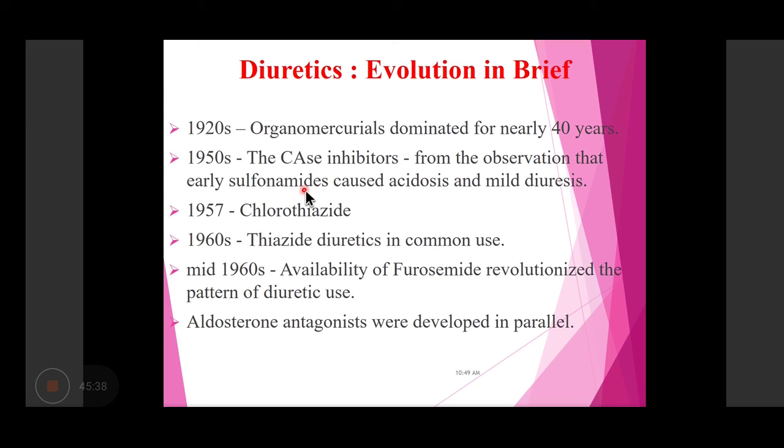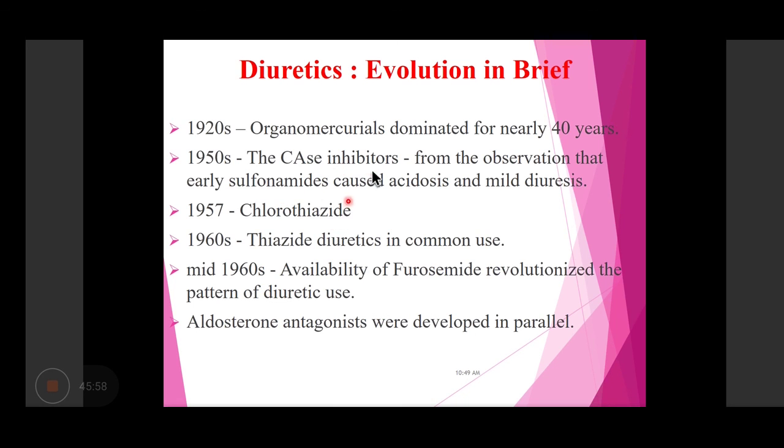And when the antibiotics chapter begins, you will realize that sulfonamides themselves have carbonic anhydrase inhibition property. That is because of the structural similarity between these two agents.